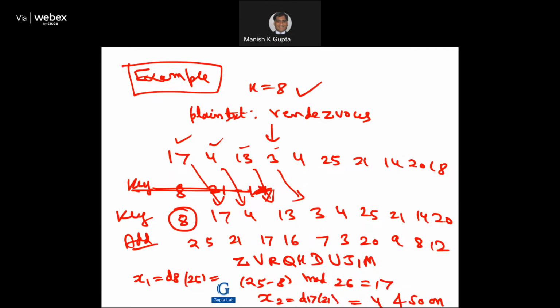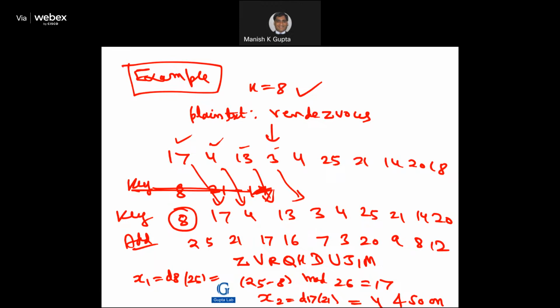This is for the auto key cipher. K is equal to A. The plain text is this, this is the mapping, and now you see that if K is 8 and this is your plain text, the plain text is used as the key stream: 17, 4, 13, 3, 4, 25, 21, 14, 20, like that.